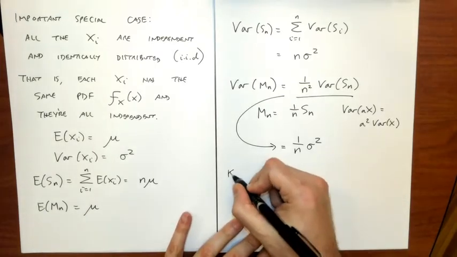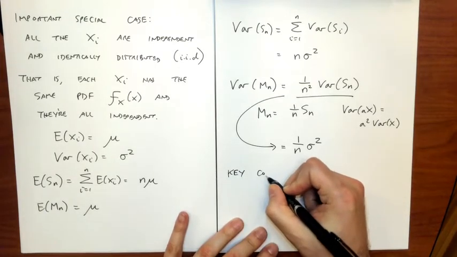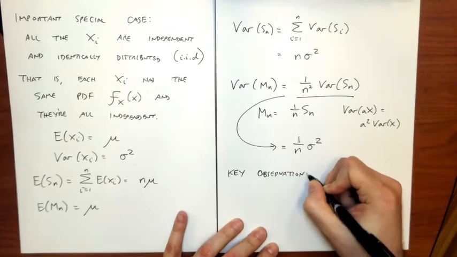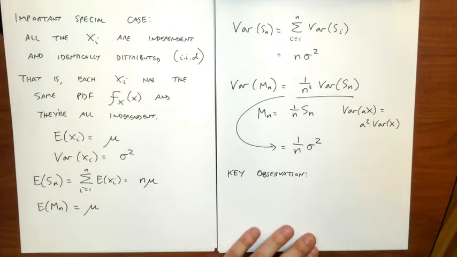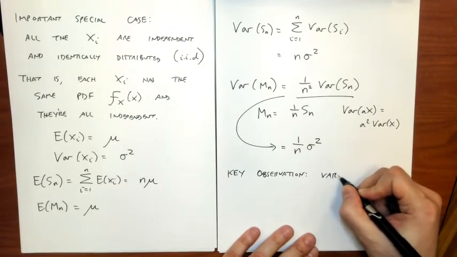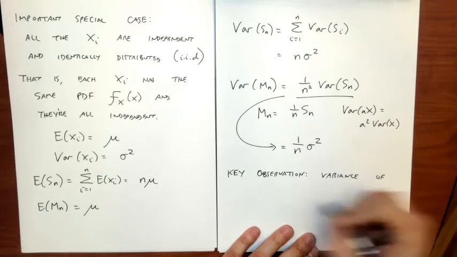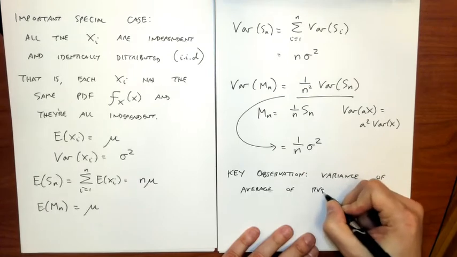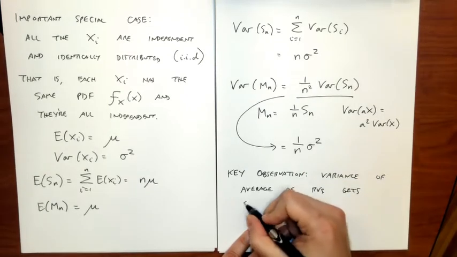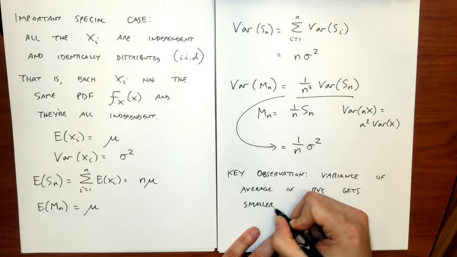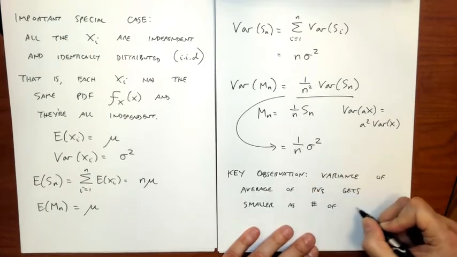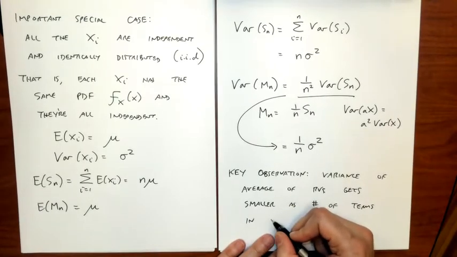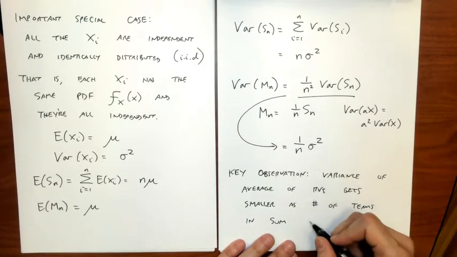This is kind of a key observation, which is that the variance of the average of a bunch of random variables gets smaller as the number of terms in the sum, or terms in the average or sum, doesn't matter, gets larger.